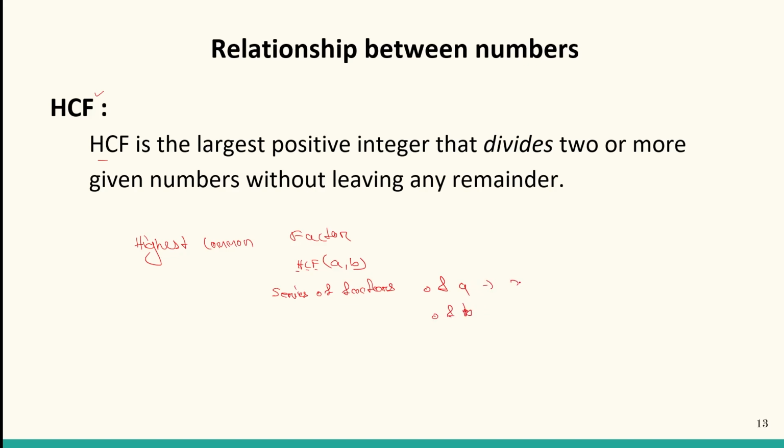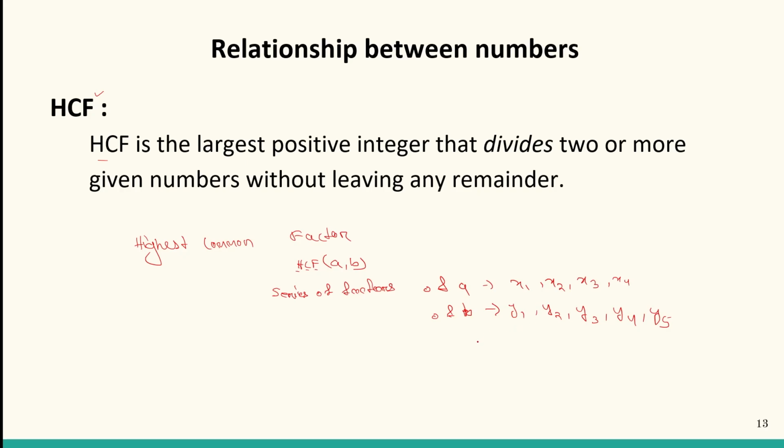Let's say for A it is x1, x2, x3, x4, and so on. And let's say for B it is y1, y2, y3, y4, y5.